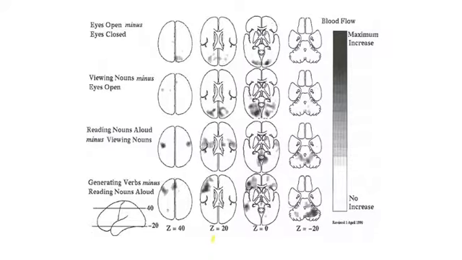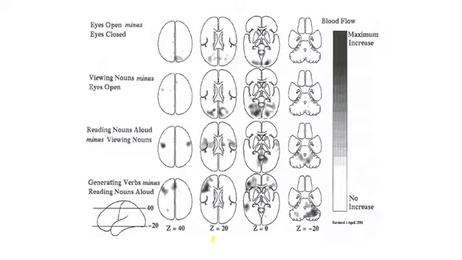And just showing you the difference image, viewing nouns, for example, minus eyes open, shows a significant area of activity in the occipital and parietal cortex, as you might expect. Also on the left side, what would seem to be about Broca's area, even though it's just silent reading, Broca's area still tends to activate when we do silent reading.